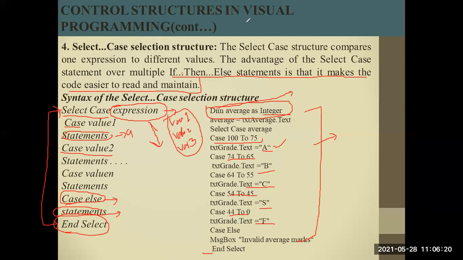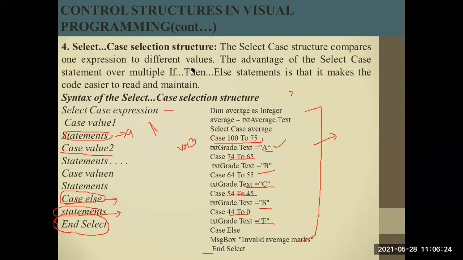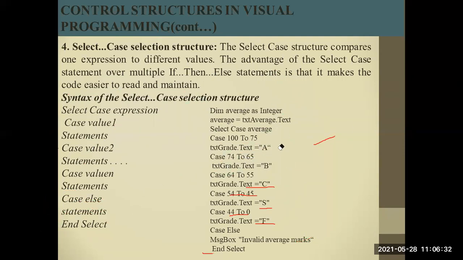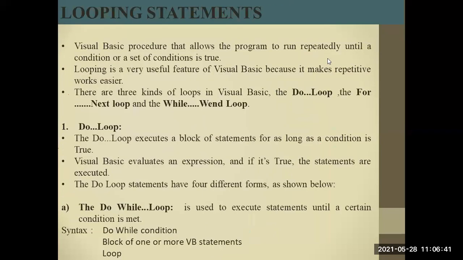So these are the four different types of control structure we are using in our Visual Basic program. Whenever we require a control structure, we will go for any of these four control structures. Next we are going to discuss the loop statement.